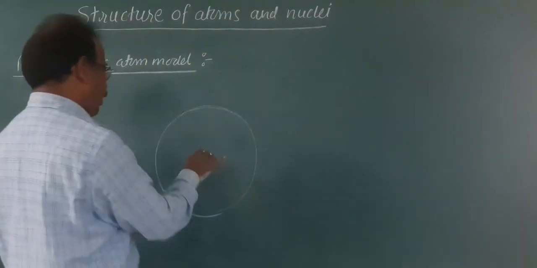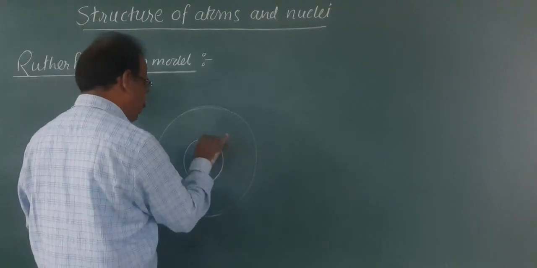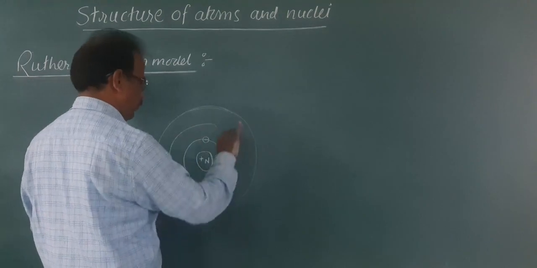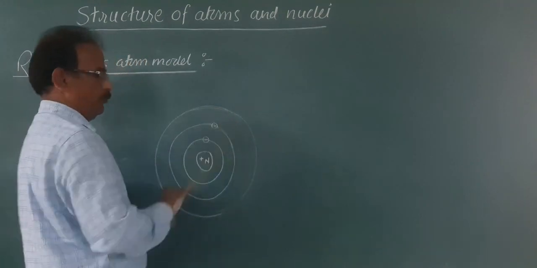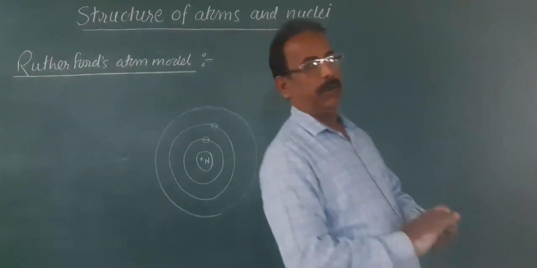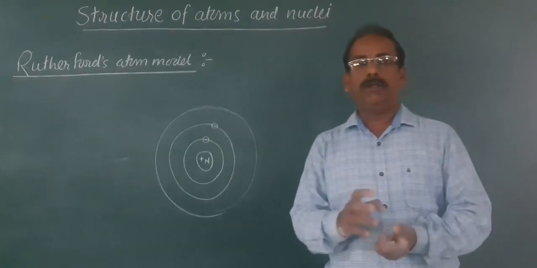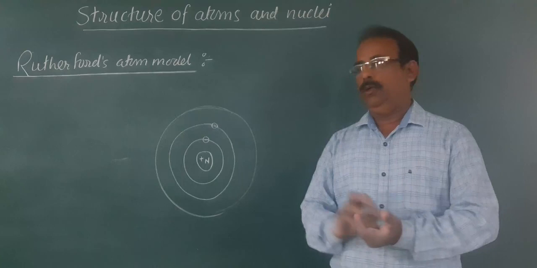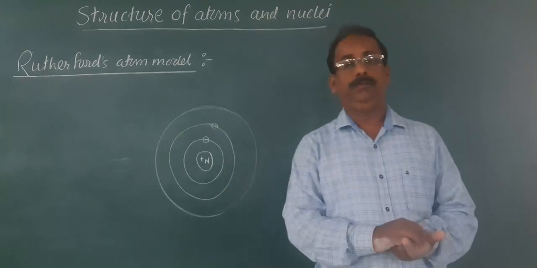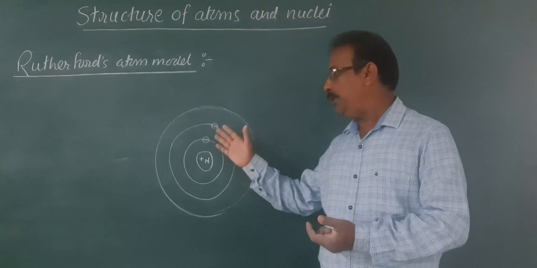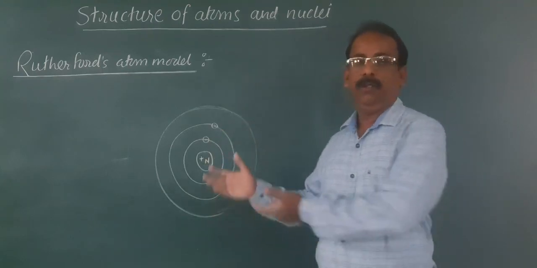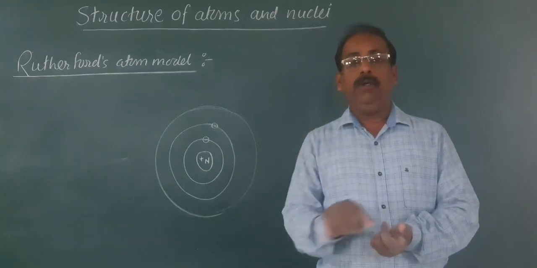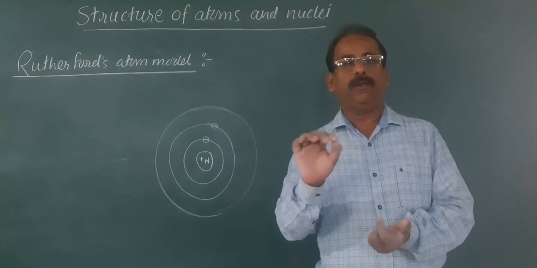Surrounding this nucleus, negatively charged electrons should revolve in circular orbits. He assumes circular motion here, otherwise the electron will get attracted towards the nucleus and fall into it. Therefore, according to him, electrons should revolve in circular orbits around the nucleus.